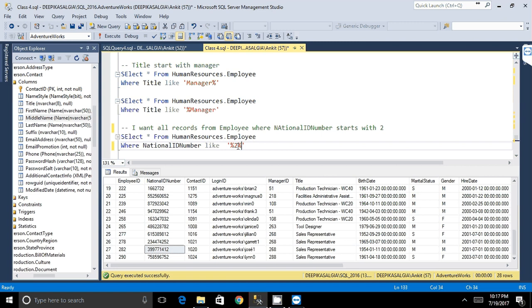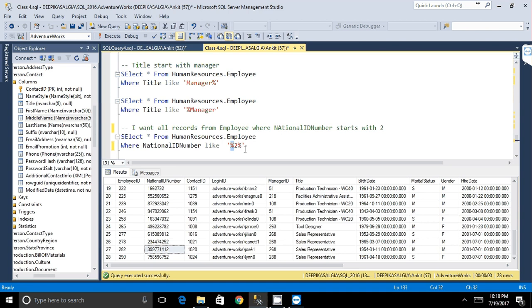Okay. So yep, it can be anywhere. The 2 can start, it can end with 2, or the 2 can be anywhere in between. Why? Because when you say the percent sign, it means it can start with anything or nothing. Not necessarily do they have to have any numbers before that.